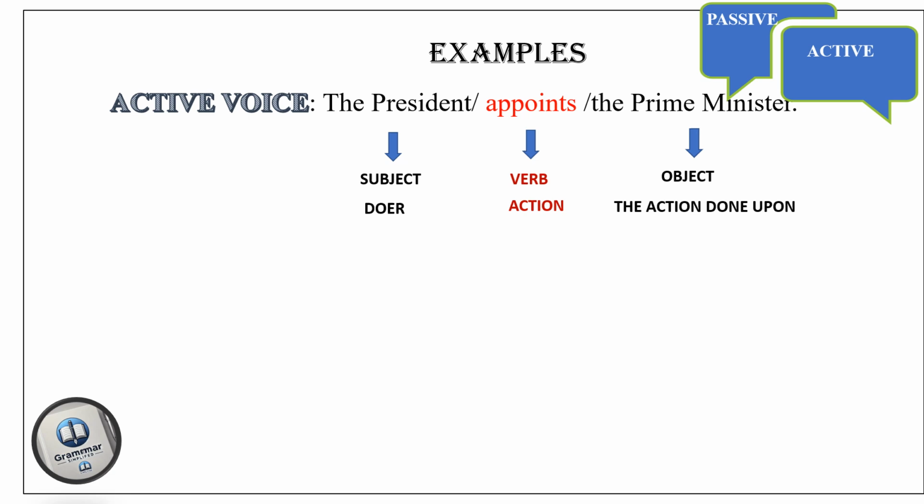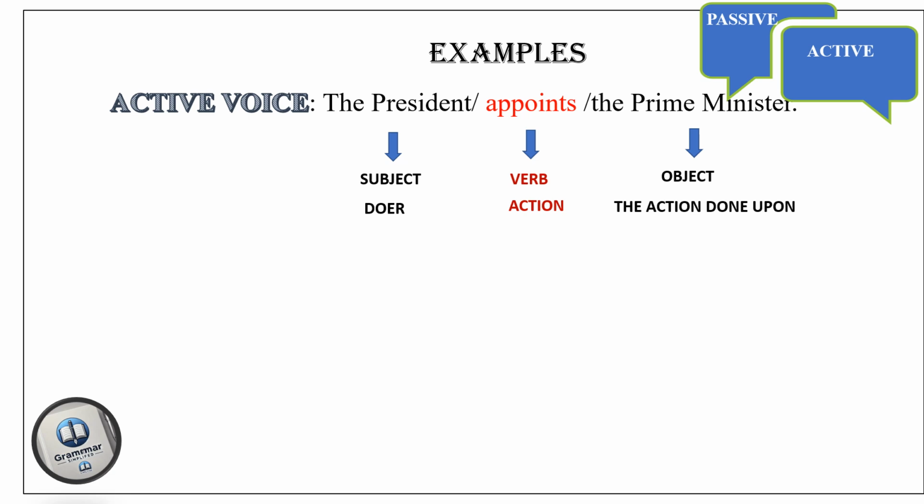Once you get a question to change an active voice into passive voice, the basic rule is you must identify the subject, verb, and the object. Here in this sentence, the subject is the president, verb appoints, and the object the prime minister.